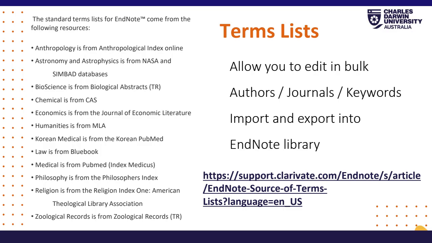This is where those terms lists come from in EndNote that regulate the way that information is shown. You can also edit the terms list yourself for either authors, journals, or keywords. If you find other terms lists, you can import them into your EndNote library. There are further instructions about how to do that on that link there from the Clarivate website.